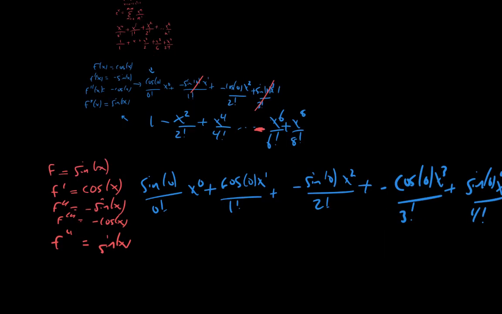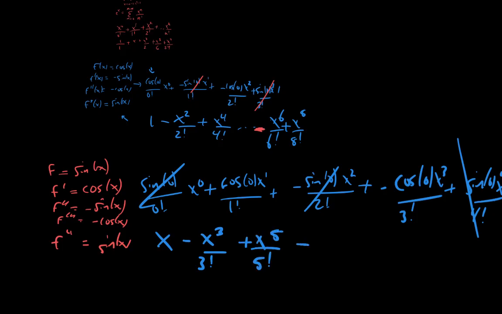And this follows another pattern. Remember, these terms are 0. So we're left with x minus x cubed over 3 factorial plus x to the 5th over 5 factorial minus x to the 7 over 7 factorial plus etc. So this is very similar.